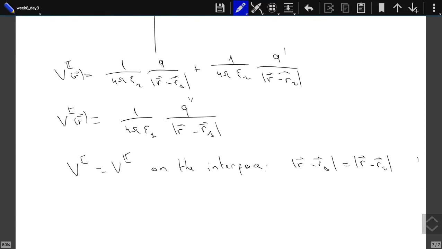So just omitting common factors, both the potentials have this 1 over 4 pi times the distance factor. What we end up having is q plus q prime over epsilon 2 should be equal to q double prime over epsilon 1. Okay, my intuition was kind of wrong. Q plus q prime is not equal to q double prime.